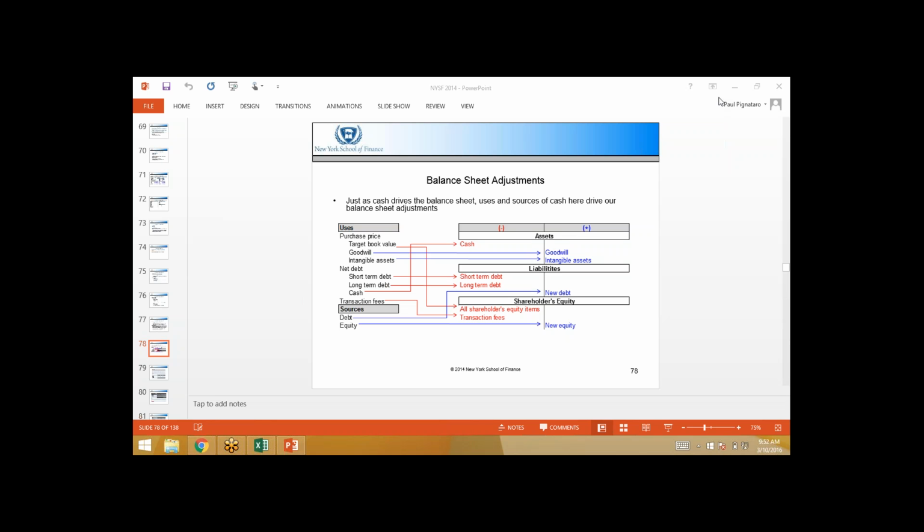So you want to think about what's going on from a higher level. You are paying off the equity, the shareholders going away. Paying off the debts, the lenders are going away. And you're replacing that with new debt and new equity. However, there's a problem.